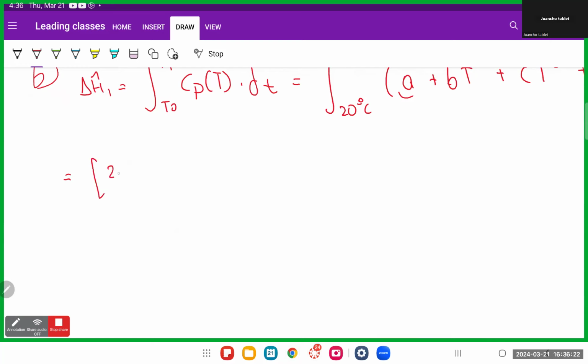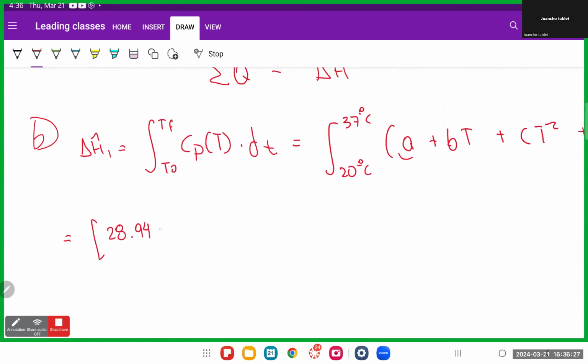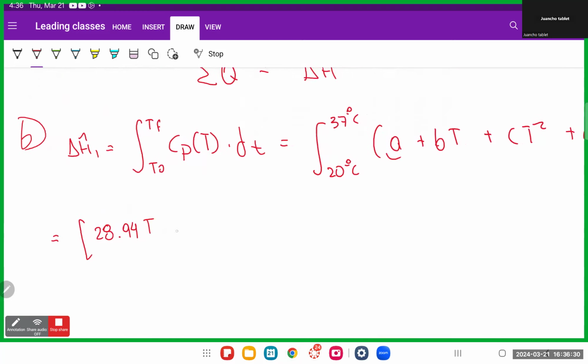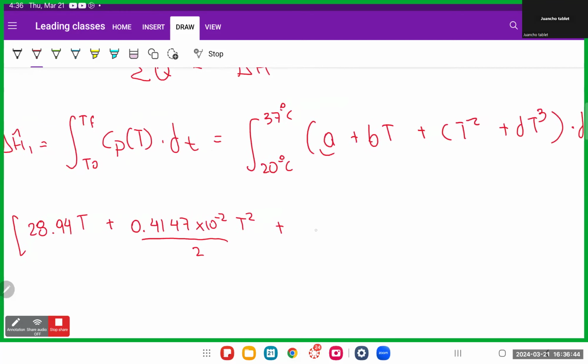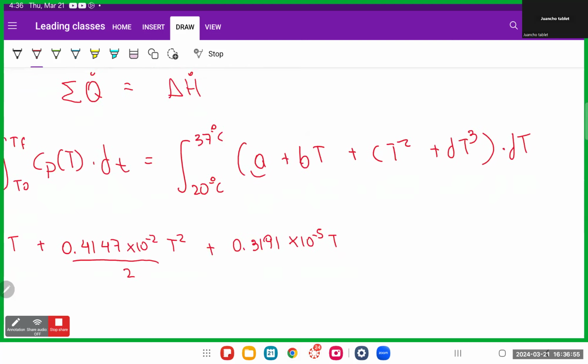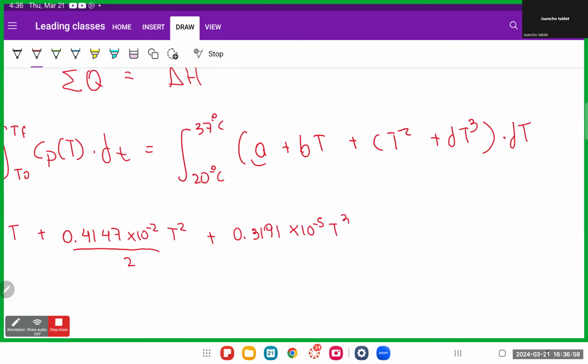So the first one is 28.94. If we take the integral of A, it's going to be T with respect to T. Then for B, it's going to be 0.4147 times 10 to the negative 2 times T squared over 2, because we're integrating T. Third, C is equal to 0.3191 times 10 to the negative 5 times T to the third divided by 3, because we're integrating T squared.